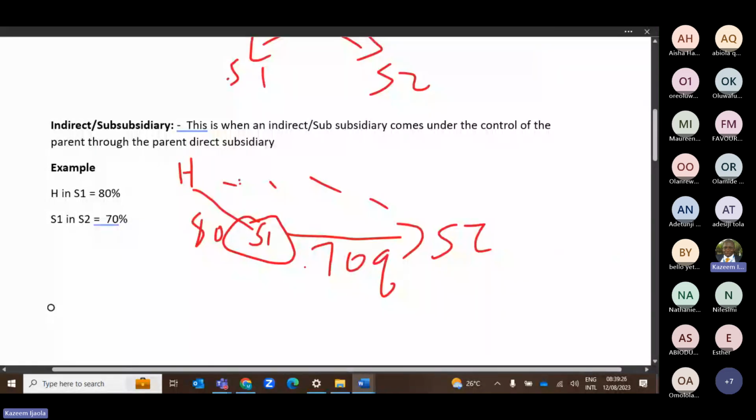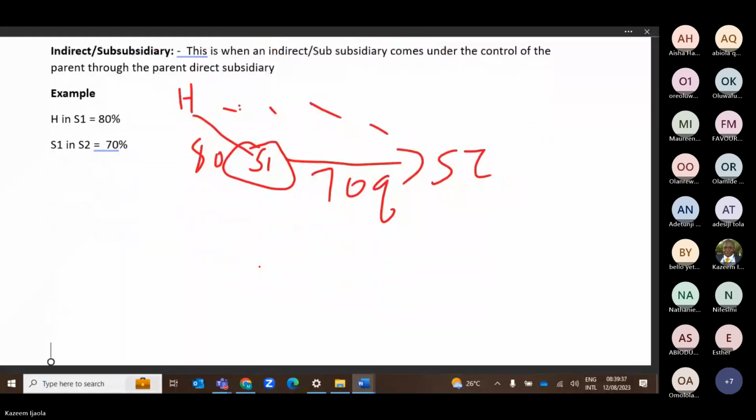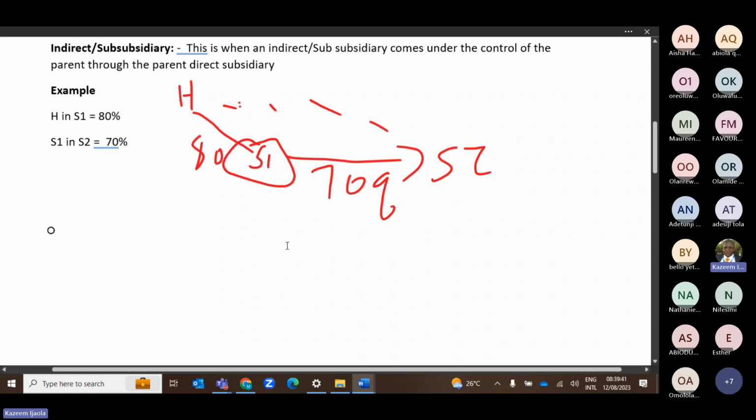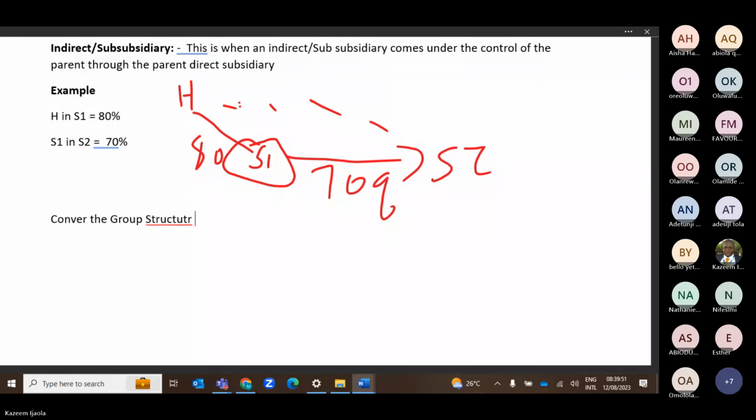Okay, 56. And whenever you are working on a subsidiary, you must convert the group structures. The first thing you do is convert the group structure to fellow subsidiary. How do you do that?